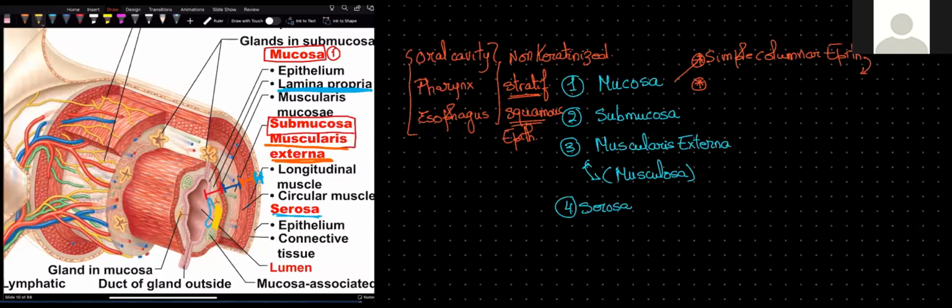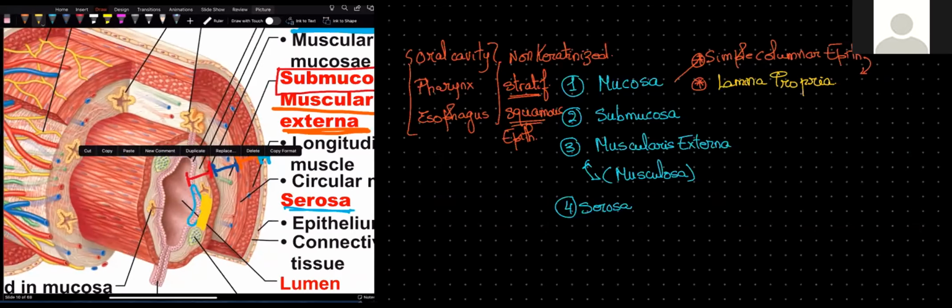So another layer of my mucosa is going to be the lamina propria, and this is simply an areolar connective tissue that would be supporting my epithelial lining. To the outside of the lamina propria, I will see a very thin muscle layer. This thin muscle layer is going to be the muscle layer of the mucosa, so we're going to call it the muscularis mucosa.